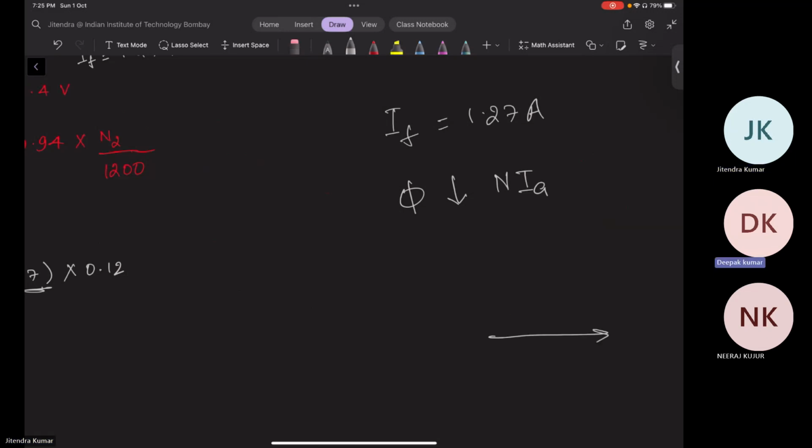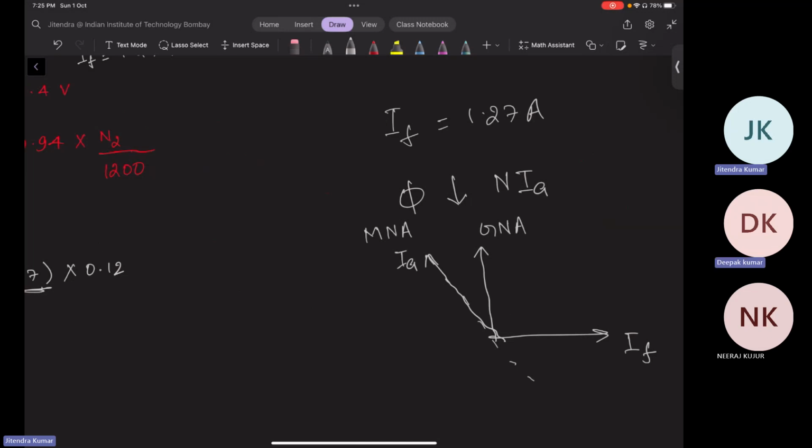So let me take this as the IF axis, and this is your quadrature axis. This is your GNA, and this is your magnetically neutral axis. This is the axis of your armature current.